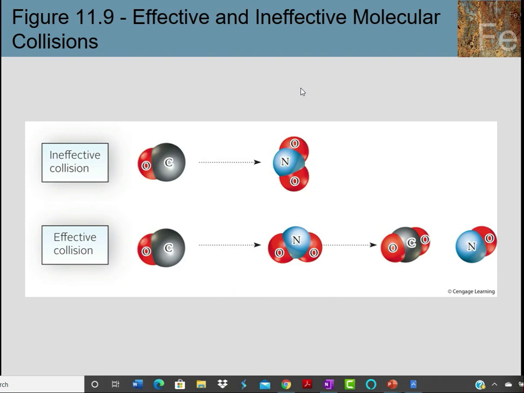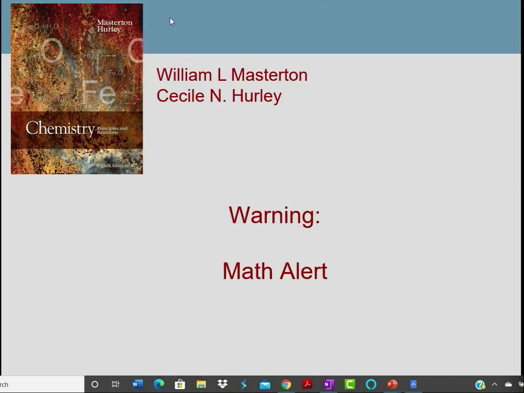But looking at the bottom, if the carbon bangs into the nitrogen dioxide at one of the oxygens, it's going to grab that oxygen off of the nitrogen and create carbon dioxide, leaving the nitrogen with only one oxygen to be nitrogen monoxide. Okay, so the orientation does matter. So let's math this up. Here we go.